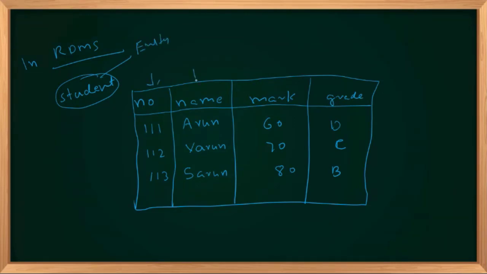Here number, name, mark, grade are known as attributes. Entity and attribute.